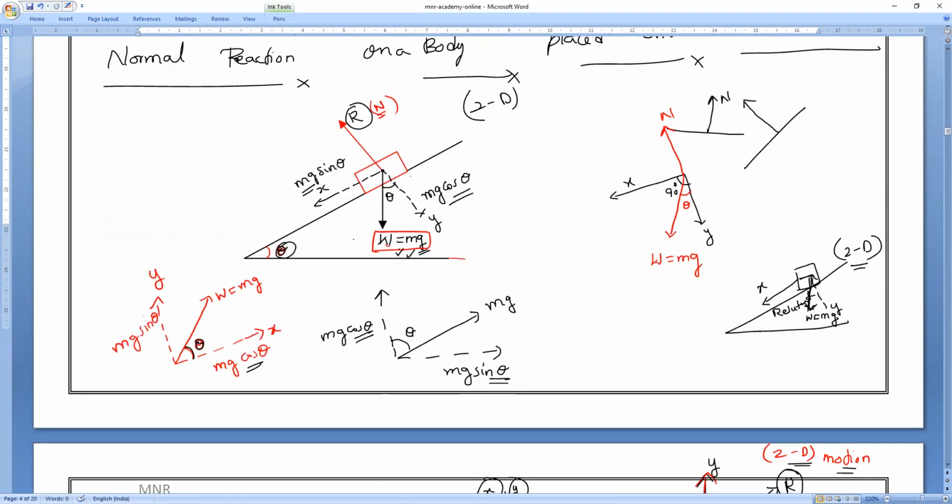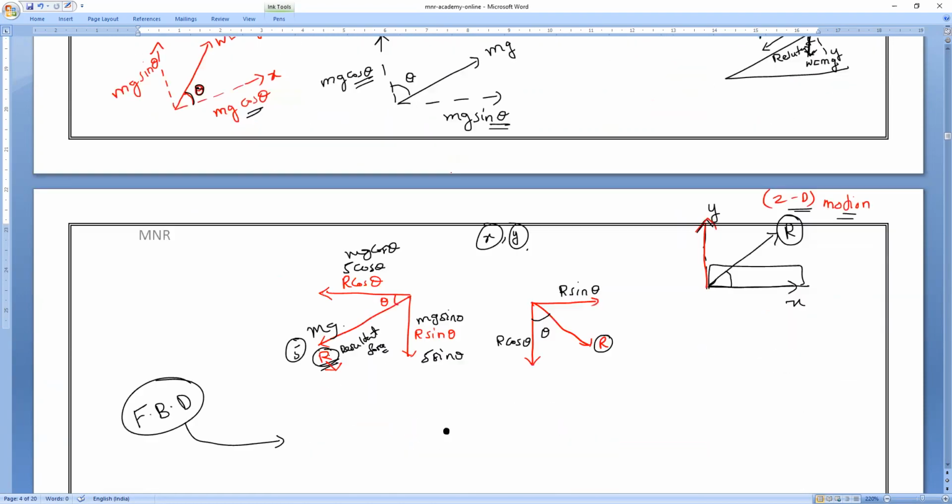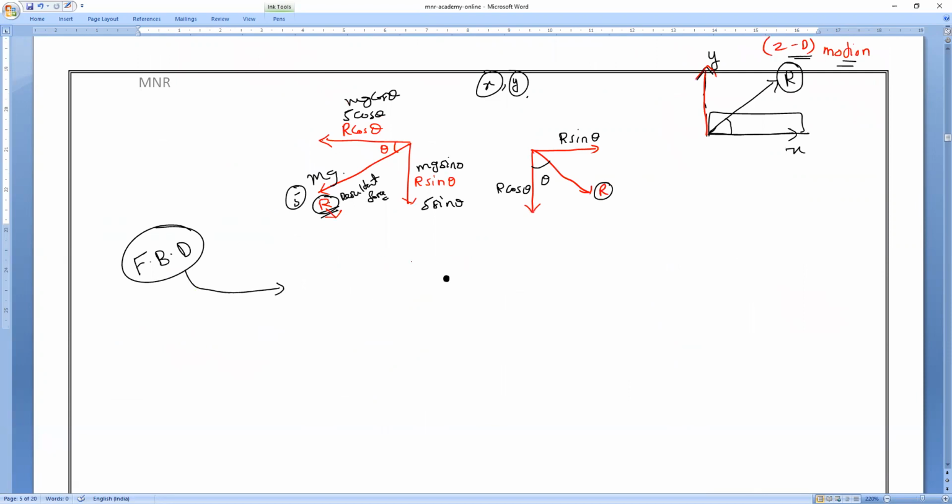Now draw the free body diagram. Imagine the body and draw it. What is the force acting along the x-axis? Mg sin theta. Am I right, all of you? Mg sin theta is acting along the x-axis. Is it correct or not?